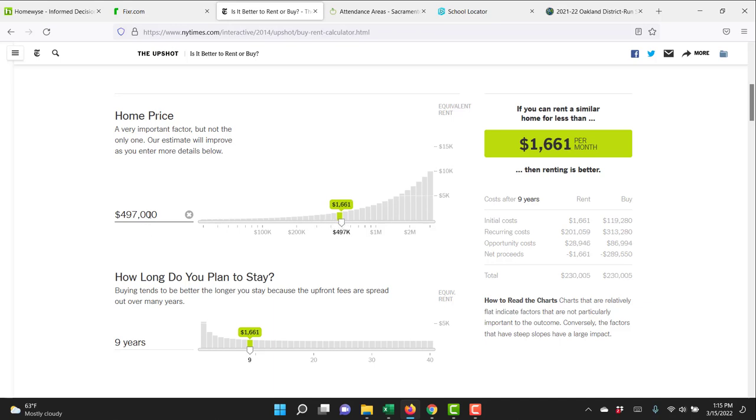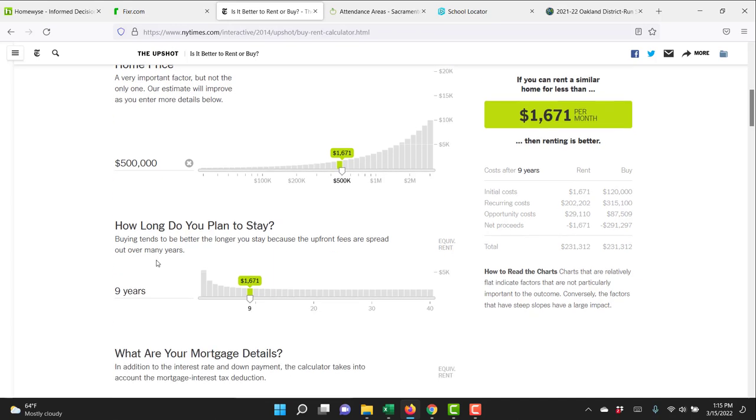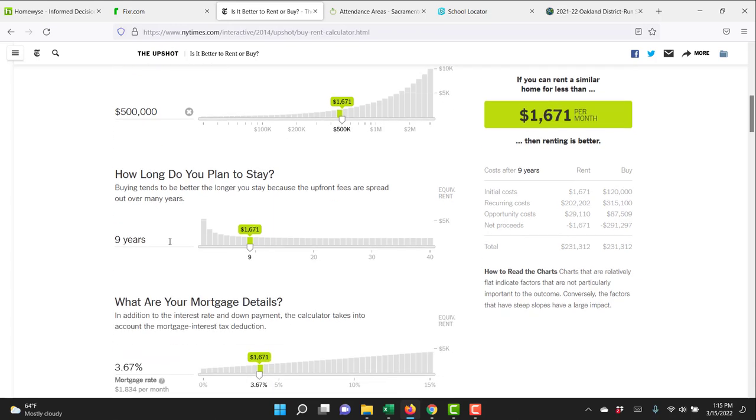Actually, I guess we can enter it here. So we've entered the house we're considering buying, and we're trying to decide if the price is worthwhile when I could rent a similar property and be just as happy. So I've moved it to $500,000. Let's continue going on down this list.